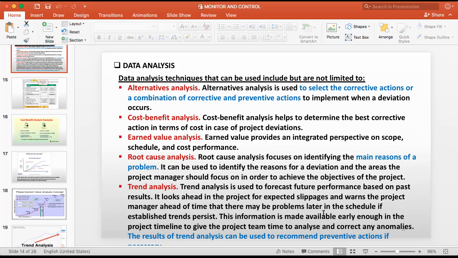You can carry out a root cause analysis. Say now there's a protest, some social problem, while carrying out the work. So you go to the root cause. What is the reason? If it is uncaring work of your project staff, that can cause some problems with the people.